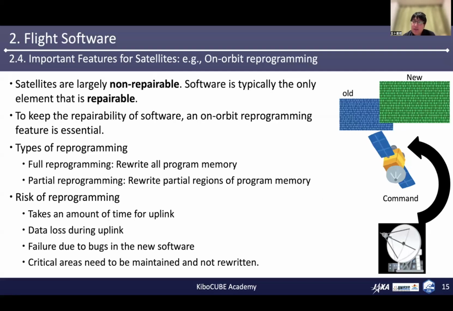And if data loss happens, we need to uplink the lost data again. And of course, we need to carefully consider failure due to bugs in the new software. So we need to keep the old software until the new software is working well.